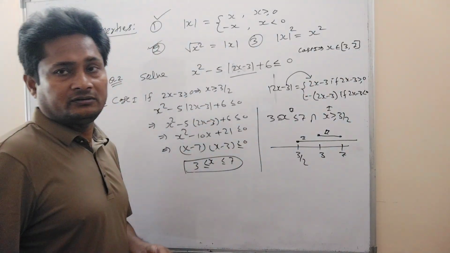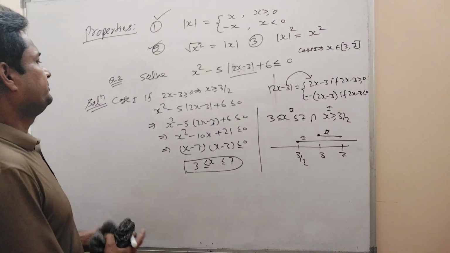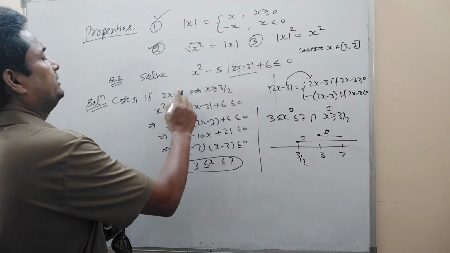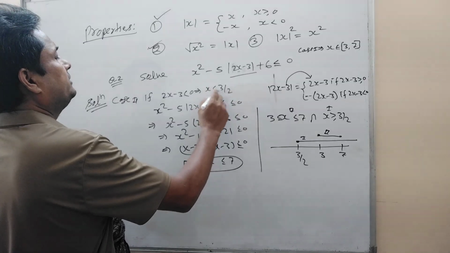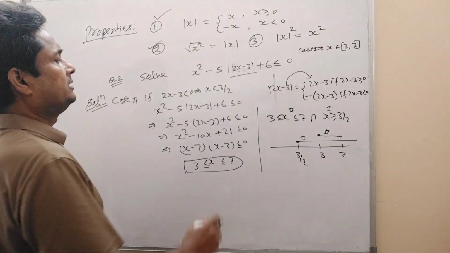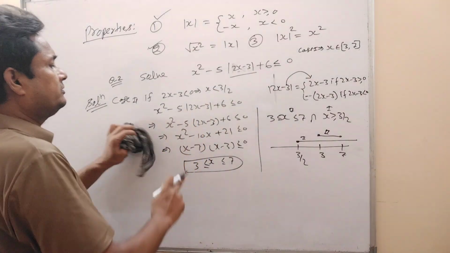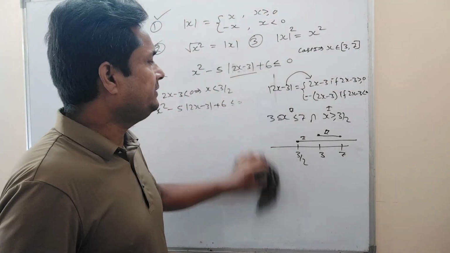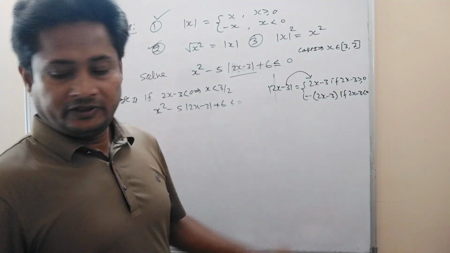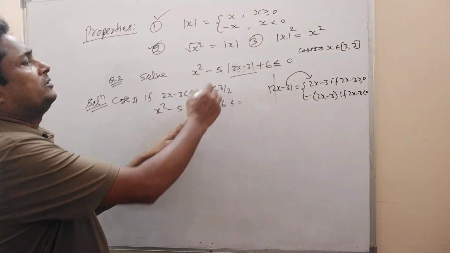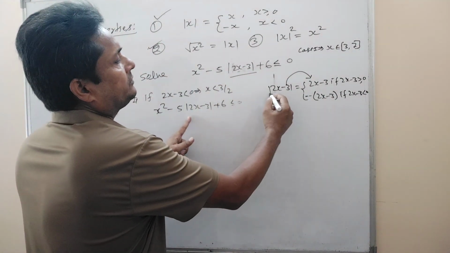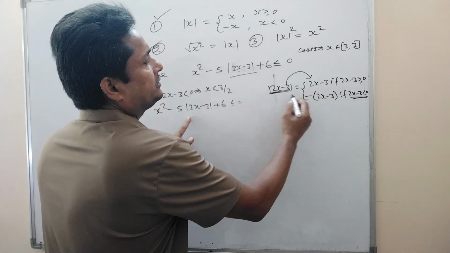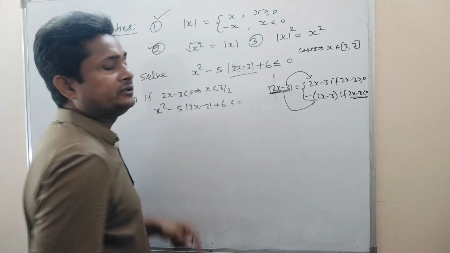Now we can solve case second. Case second, if 2x minus 3 is less than 0, then x is less than 3 by 2. And what will be the change in the inequality? Here mod of 2x minus 3, if 2x minus 3 is less than 0, then this mod can be written like this.